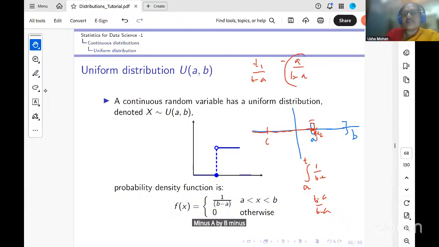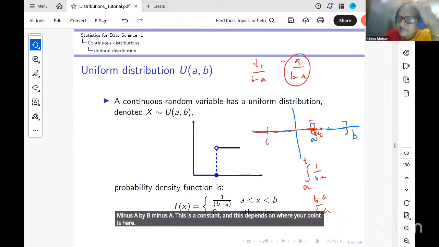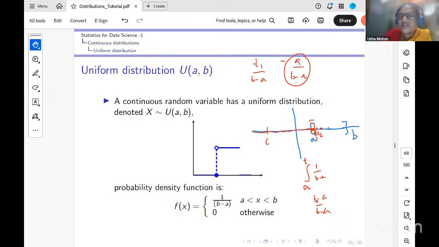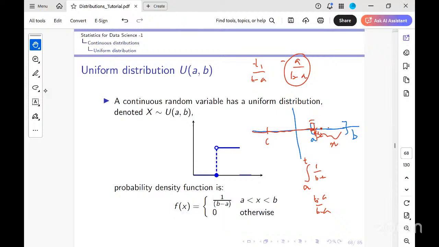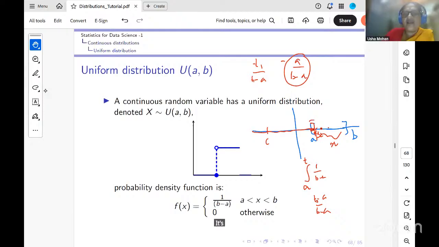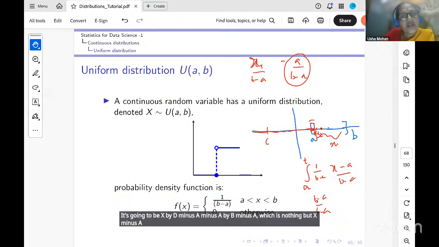This is a constant and this depends on where your point is here. At T1, it is T1 by B minus A, at T2 it is T2 by B minus A. So for any point X between A and B, what would be the value here? X by B minus A minus A by B minus A, which is nothing but X minus A by B minus A. Would you all agree?